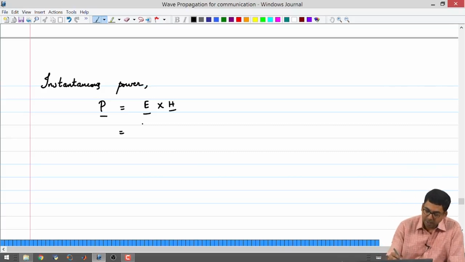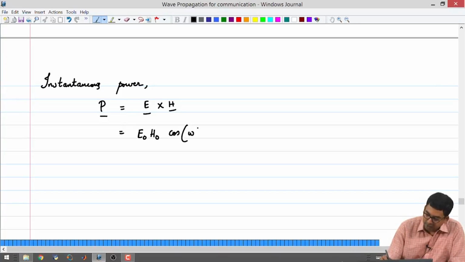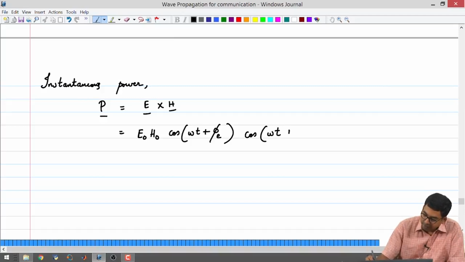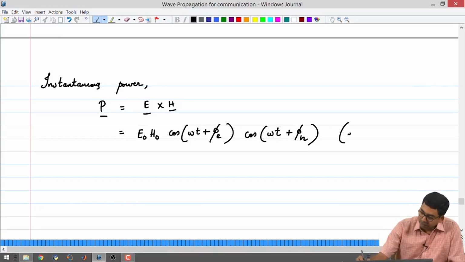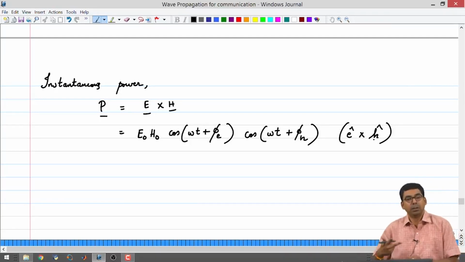So, we just substitute that and we get E naught H naught cosine omega t plus phi e, that is coming from the electric field expression, and we have cosine omega t plus phi h coming from the magnetic field expression, and we have a cross product on the right hand side, which is a vector operation. So, you have to take the unit vector for electric and magnetic fields and cross them, so that your right hand rule is going to be preserved, right.